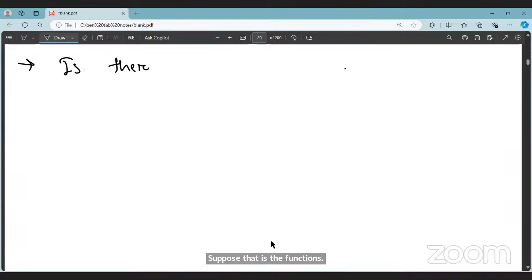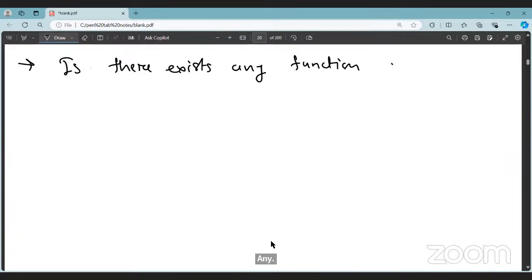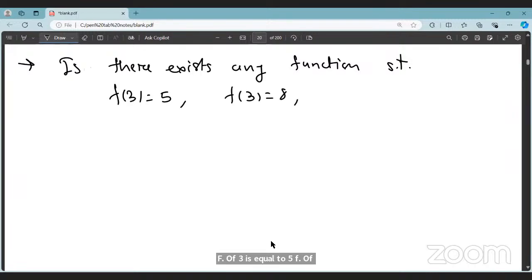Is there any function such that f of 3 is equal to 5, f of 3 is equal to 8, f of 10 is equal to 11, and so on? Does there exist any continuous function?